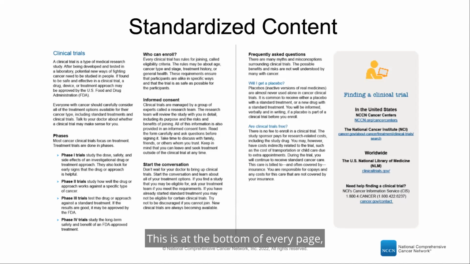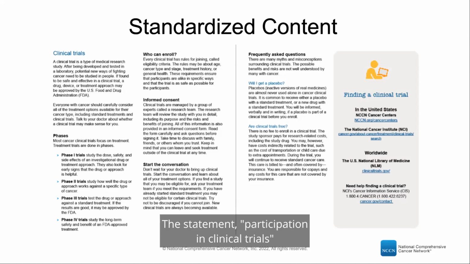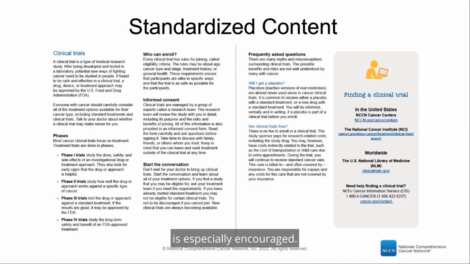This is at the bottom of every page in the clinical practice guideline, this statement. Participation in clinical trials is especially encouraged. So that statement as well. So that we emphasize the importance of what is a clinical trial and how you can find more information, and to dispel some myths.